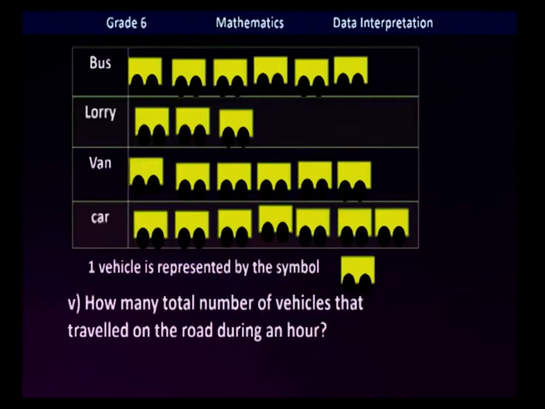We have to take the total number of vehicles. Okay, what is the answer, Nisika? 6 plus 3 plus 6 plus 7. The answer is 22. Yes, to get the answer, we have to add all the vehicles here. 6 plus 3 plus 6 plus 7. So, what is the answer? Answer is 22. Very good.